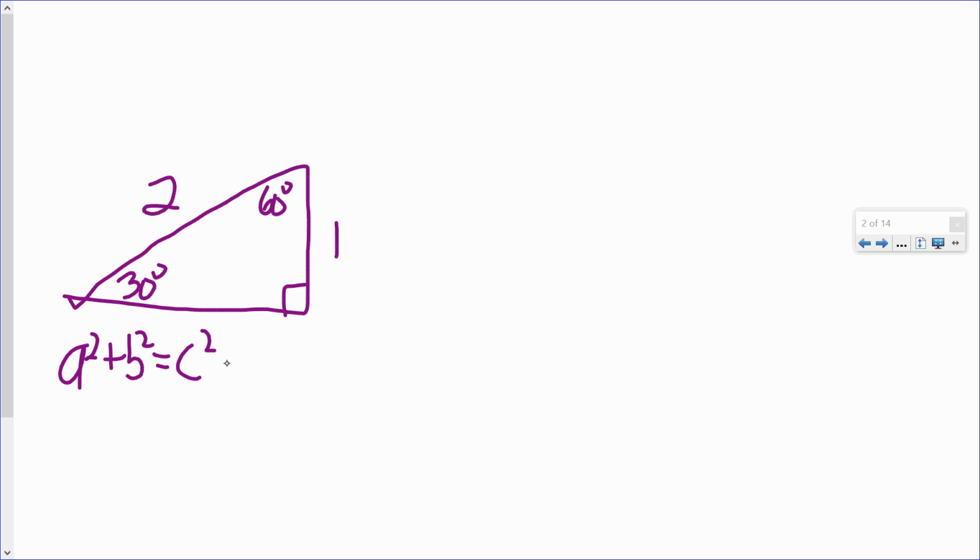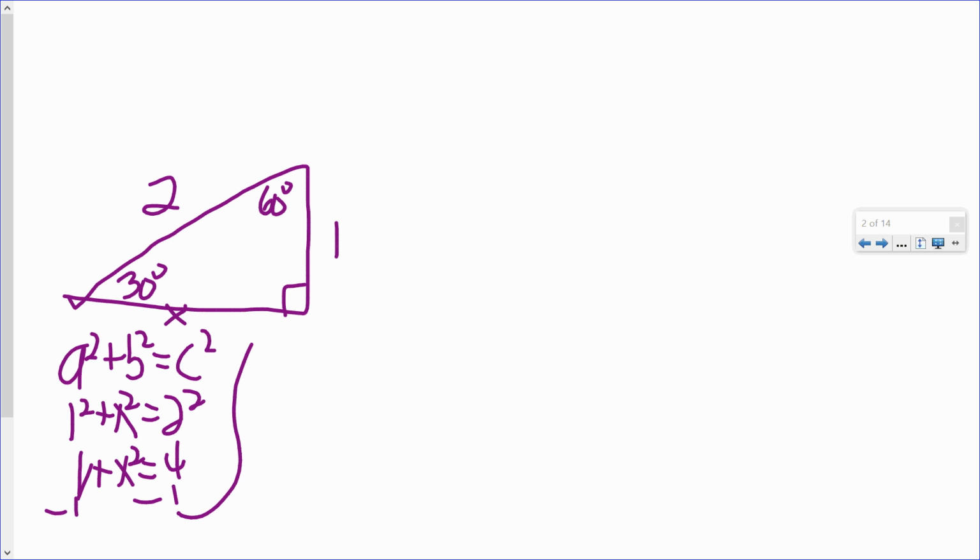Let's call this x, this side right here. So it'll be 1 squared plus x squared equals 2 squared. 1 plus x squared equals 4. Isolate the x squared. X squared equals 3. Take the square root to get rid of the squared. I'm not going to put plus or minus since we're dealing with distances here. And I get radical 3.